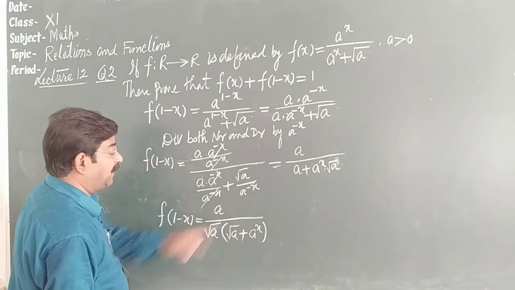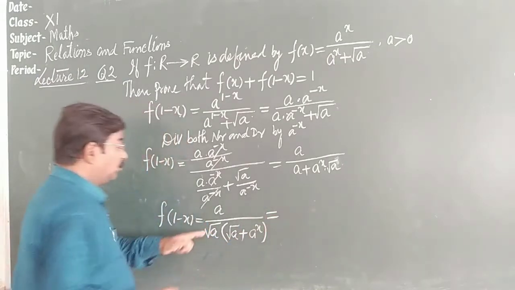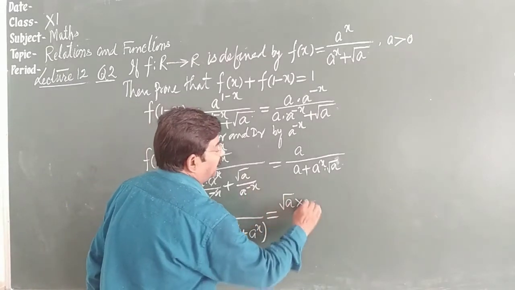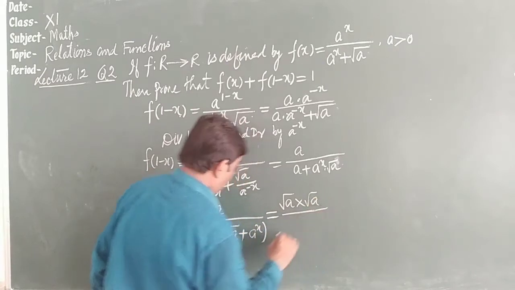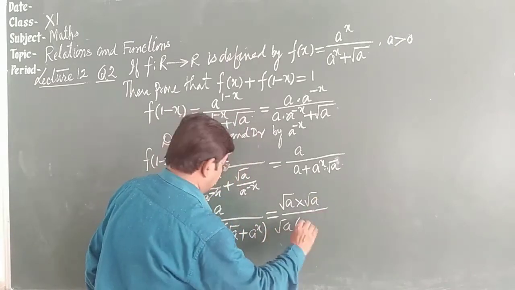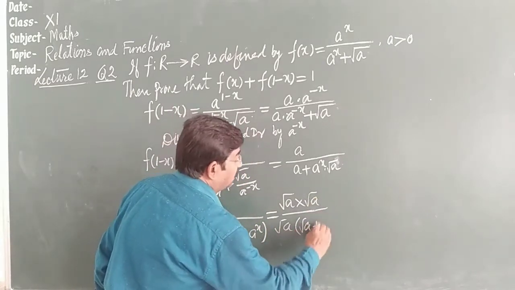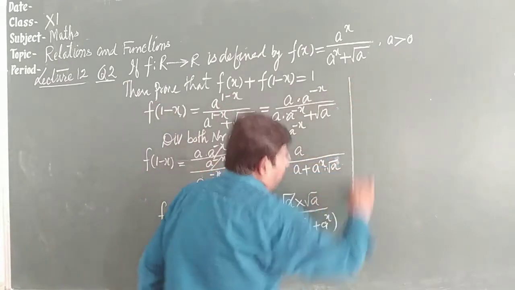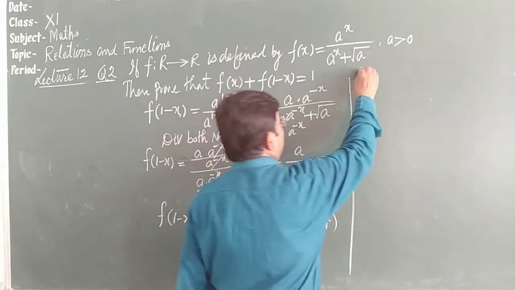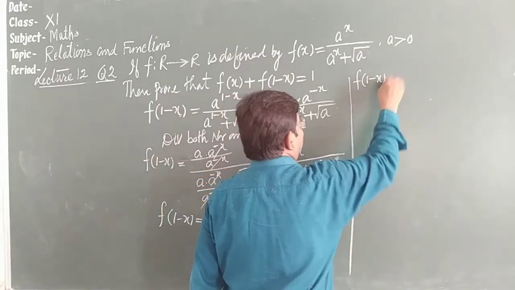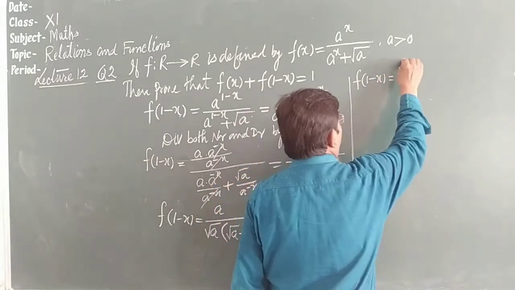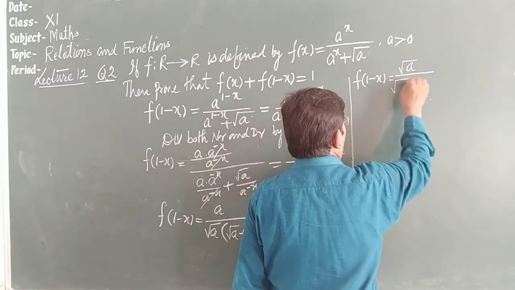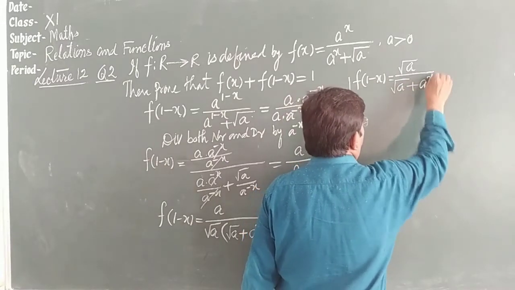Now this can be divided here. a can be written as under root a into under root a, upon under root a times of (under root a plus a to the power x). This will go. So finally we have f(1 minus x) is equal to under root a upon under root a plus a to the power x.